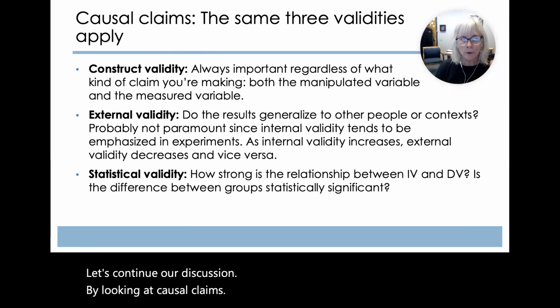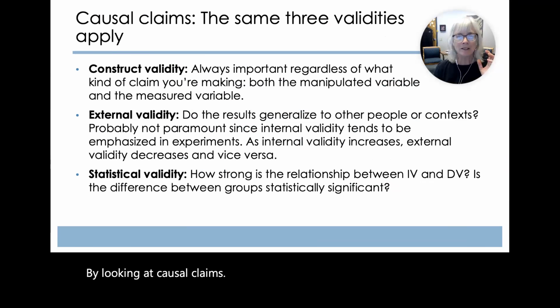So we're thinking about construct validity. We want to make sure that both the manipulated variables, or what we're going to call independent variables, and the measured variables, or our dependent variables, make sense, whether they are good operationalizations of our construct.